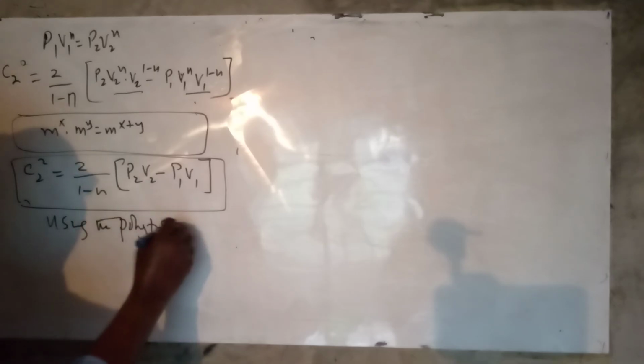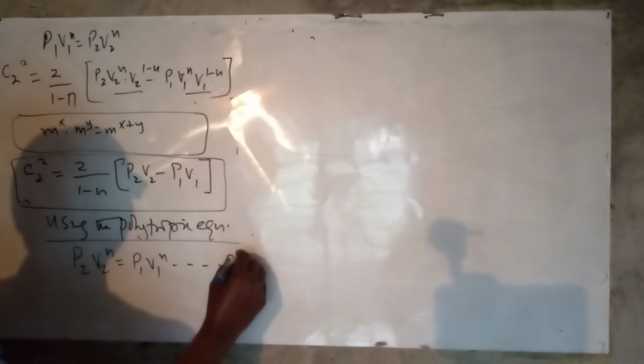But using the polytropic equation, P2 V2^n is equal to P1 V1^n, and of course that is PV^n, which is a constant. Don't forget that. Very important for us. Always remember the polytropic equation.